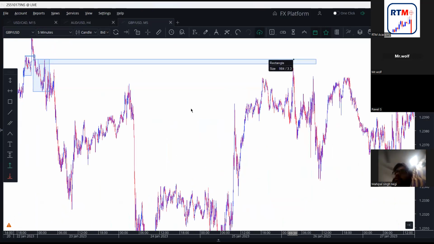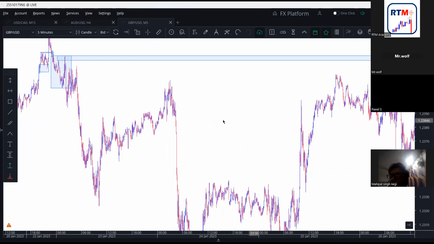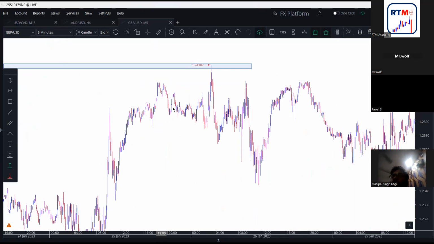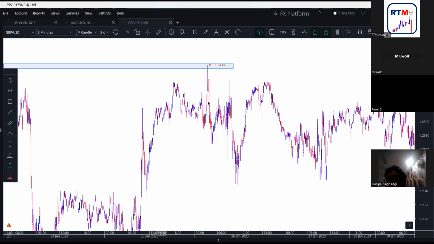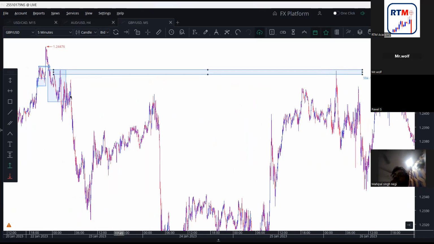But let me tell you something really, really important right here, because this is the difference between the way we trade and the typical RTM. We know that here is a last area which remains, and price didn't take it.